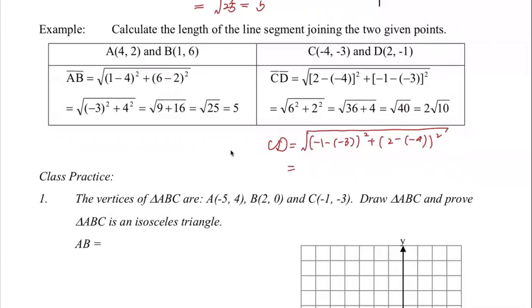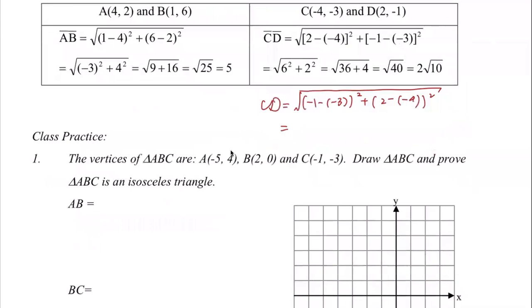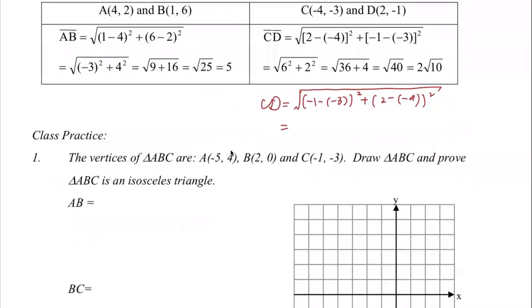Okay, so -1 minus -3, that's 2 squared, which is 4, plus 2 minus -4, that's 2 plus 4, that's 6. 6 squared is 36. And this will be the square root of 40.